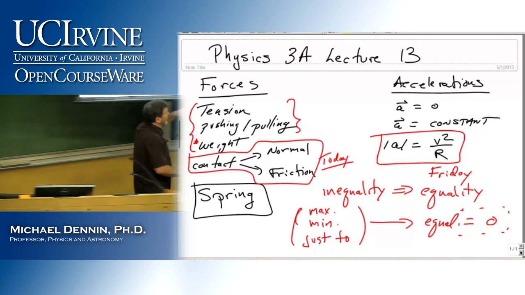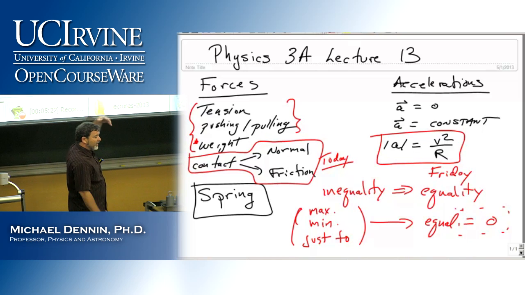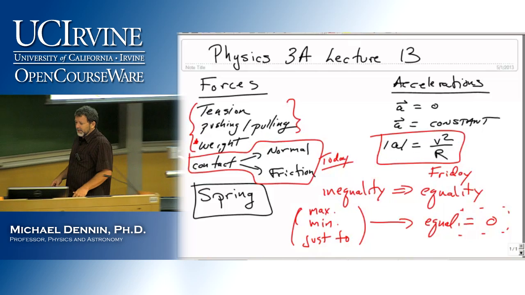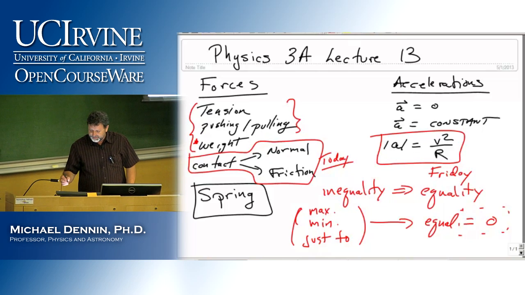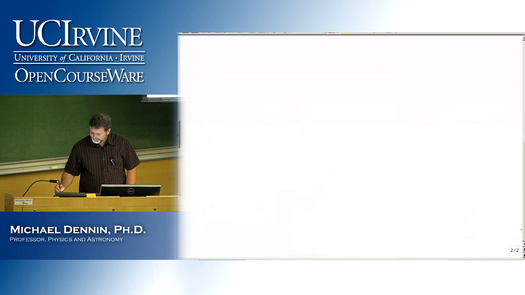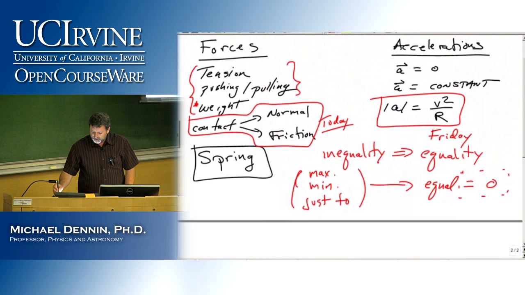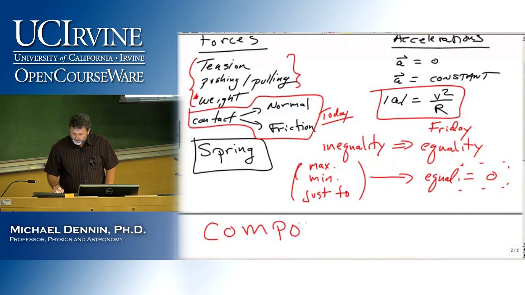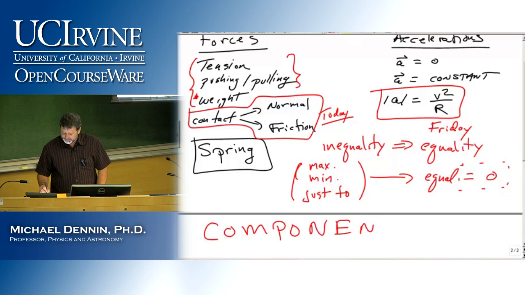And learning how to deal with these phrases and the physics of the situation is what we'll be working up to. The final piece in all of this is that we almost always have to deal with components.